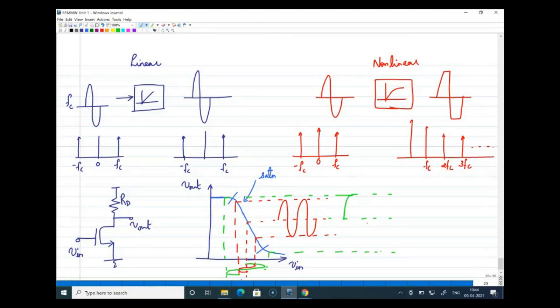So your output can definitely get clipped off after this, and this is a result of non-linearity. Non-linearity is leading to output distortion, and this will definitely result in a lot of frequency components at the output. This is something you already know, the distortion in a CS amplifier.